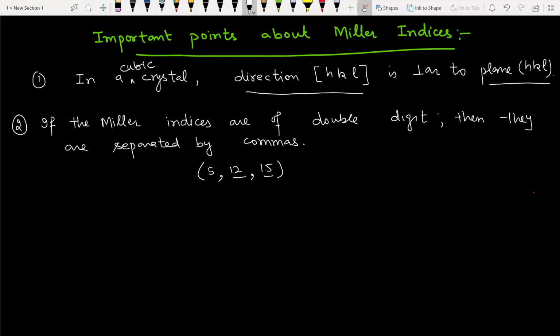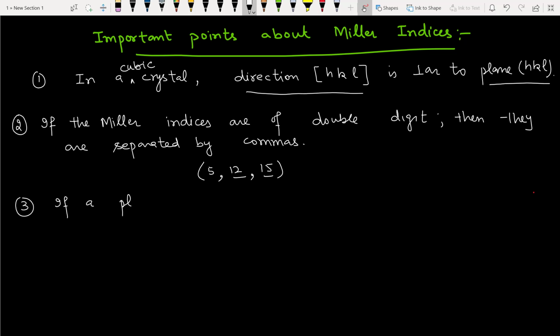Otherwise, no commas are used. Use of comma is allowed only when Miller indices are of double digit.